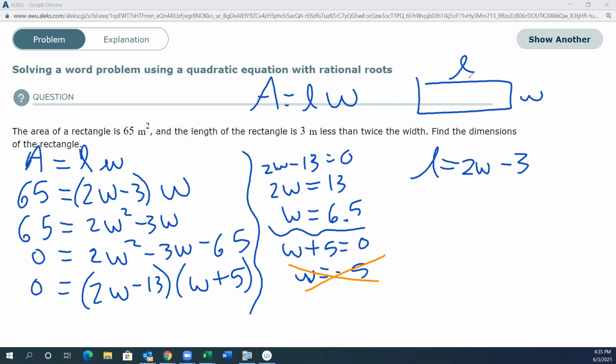I throw that away. So the width is going to have to just be 6.5 meters. Well, if the width is 6.5 meters, then the length, coming from here, has to be 2 times the width, which we now know is 6.5, minus 3, which is 8 meters.